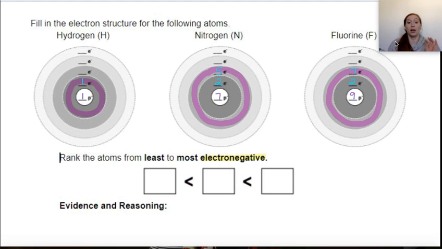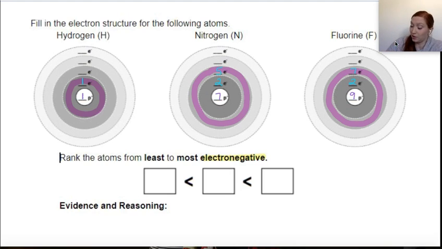Okay, now here's the catch with this. When you're ranking things with electronegativities, use your resources to help you out, which is your other periodic table, the periodic table with ions. You've got electronegativity values on this. So I'm going to use this to help us out, because if you rank electronegativity of atoms incorrectly, myself and the other chemistry teachers are going to be a little frustrated because you do have that information.